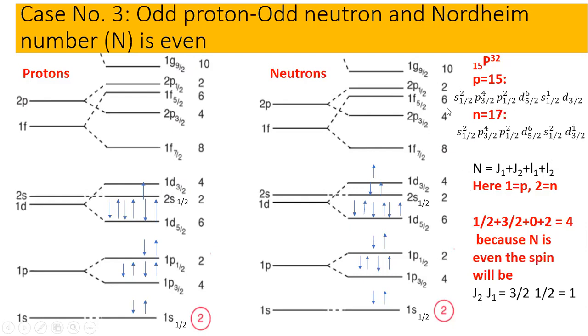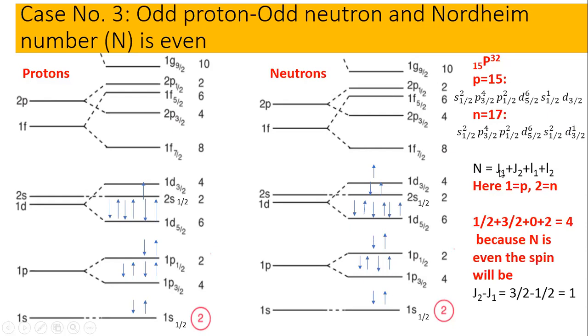And looking at the energy levels, one unpaired proton is present in S 1/2, and one unpaired neutron is present in D 3/2. So this is the Nordheim number. You calculate the Nordheim number by using this formula.